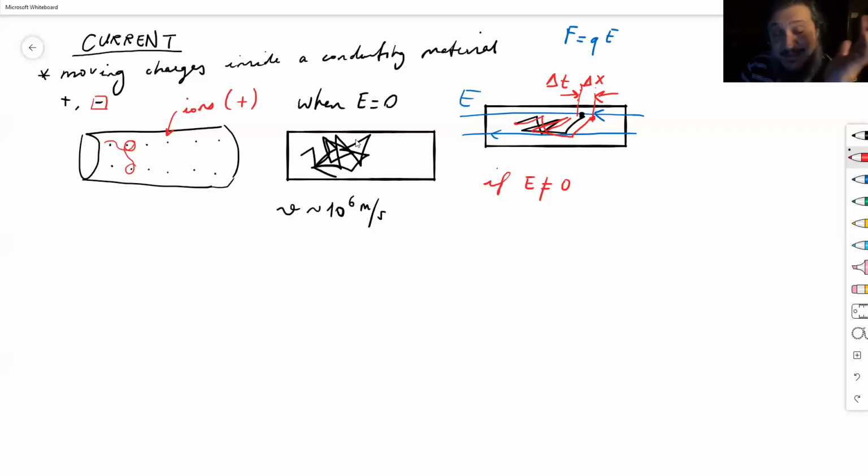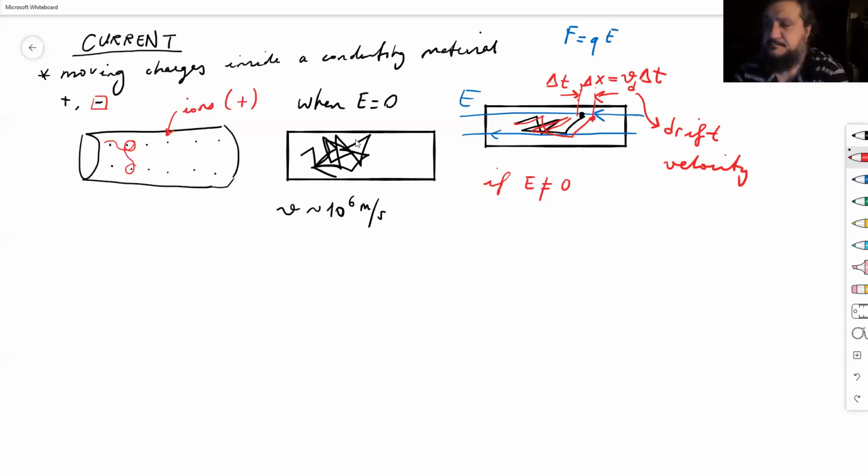This happens in delta t. So you could apply basic kinematics logic to it: delta x is equal to some velocity, which we're going to call drift velocity, times this delta t. All right.